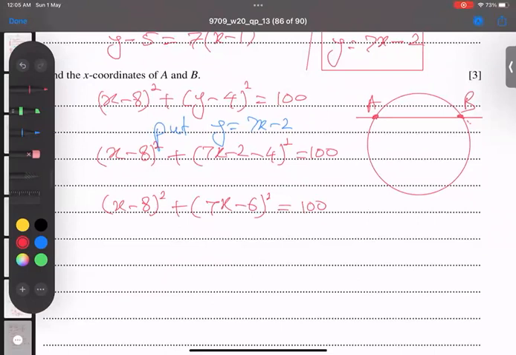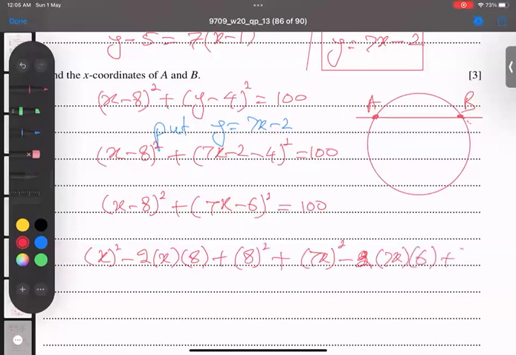Here I'm expanding the square. All of you are familiar: first term squared, negative 2 times first term times second term, plus second term squared. Same story here, equal to 100.